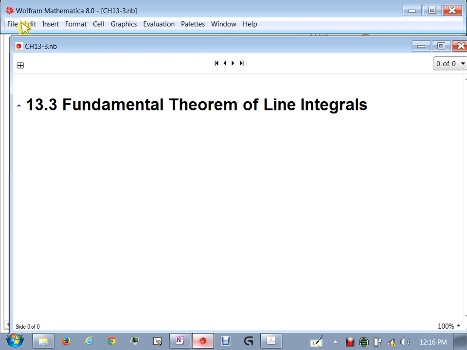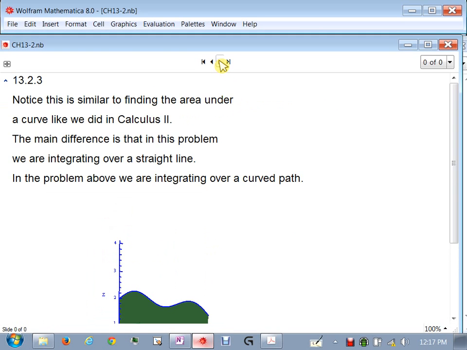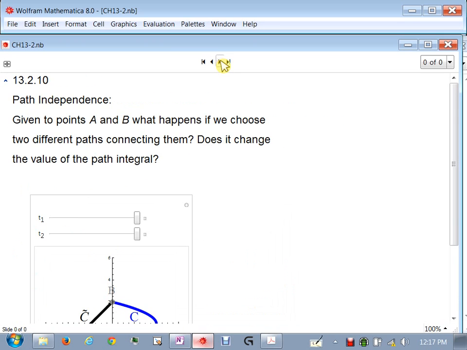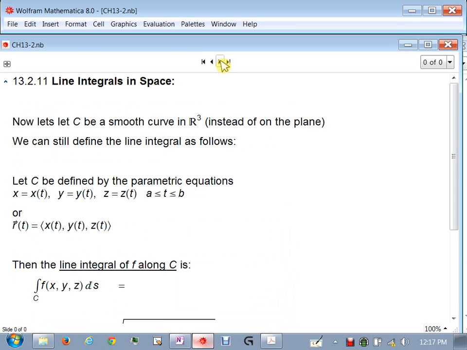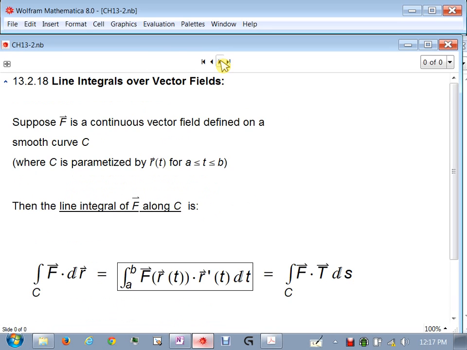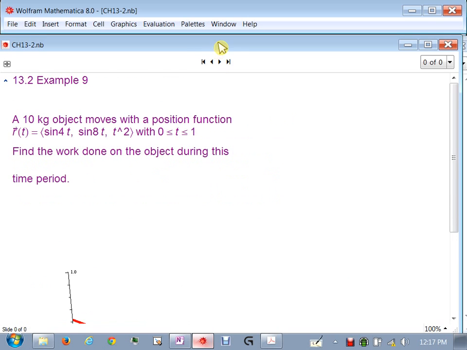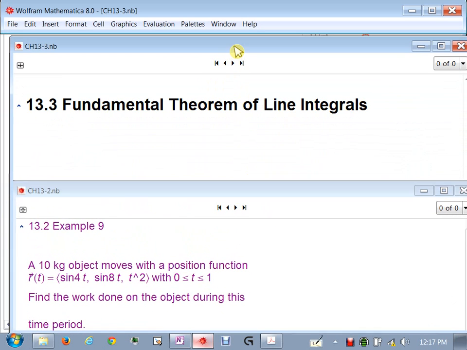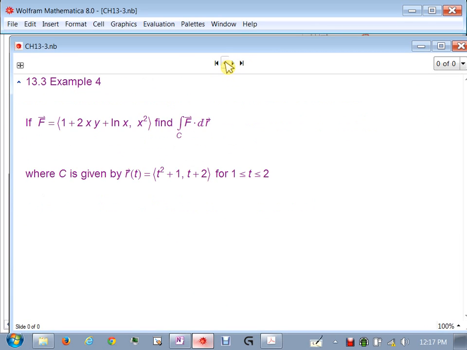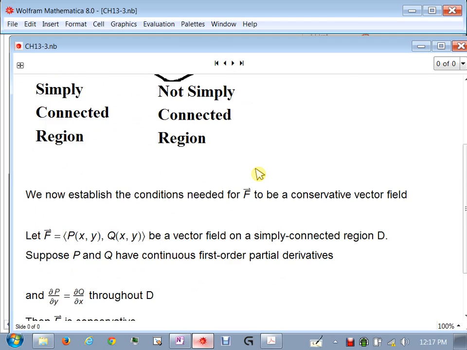It was in 13.2, I believe. Maybe it's not in 13.2. Partial Q with respect to Y. Where is it? Do you see it in your notes somewhere? Because I want to be able to refer to it. Oh, here it is. There it is.